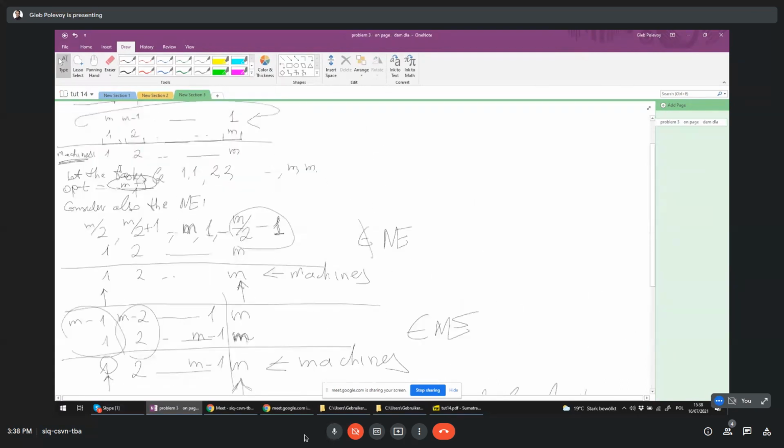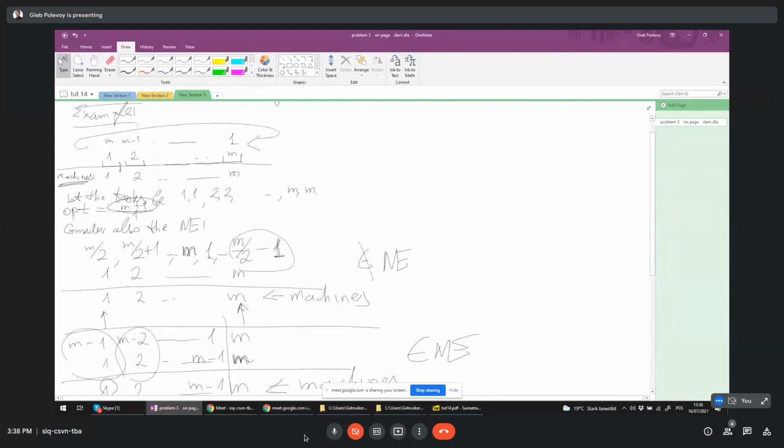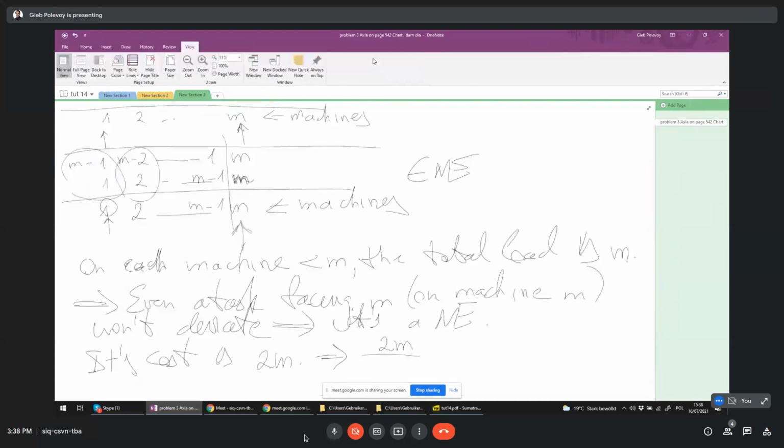Yes, it was always M plus 1. It was uniform. Here there is some uniformity, and then there is this phi here on machine M. But the optimal was complete uniformity. 2M divided by M plus 1.